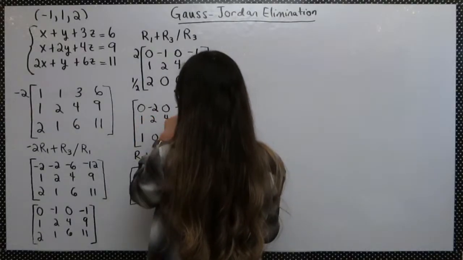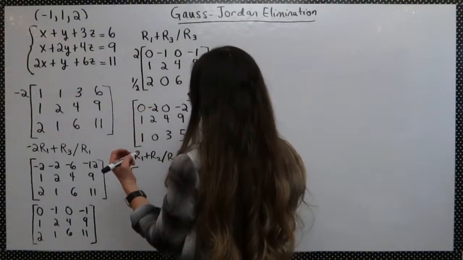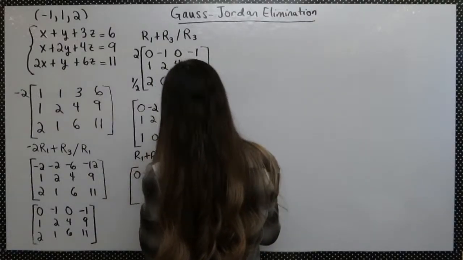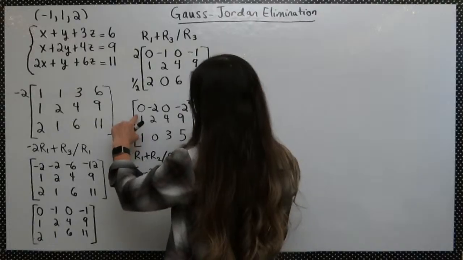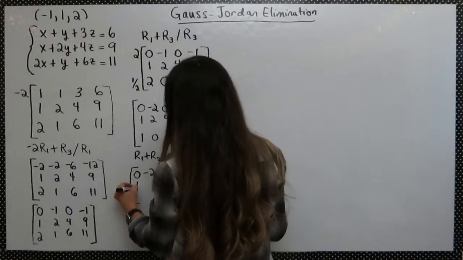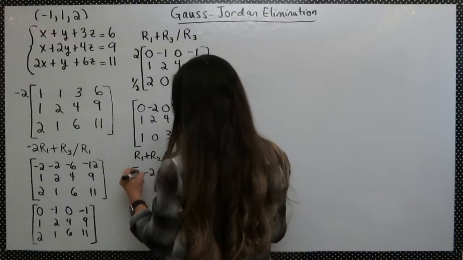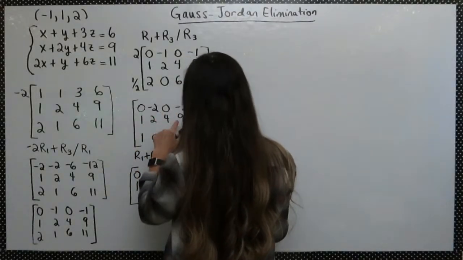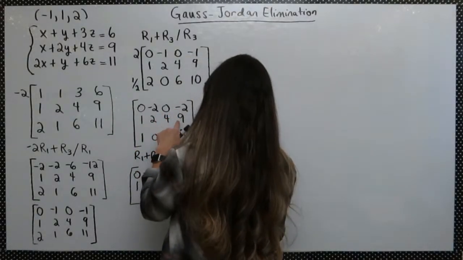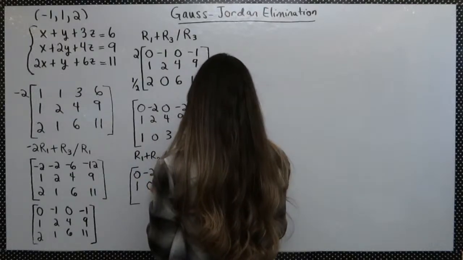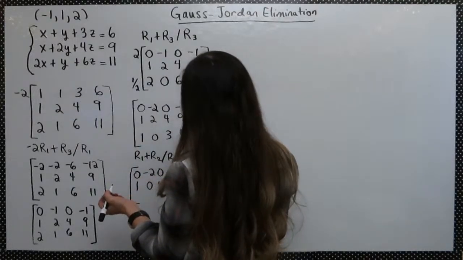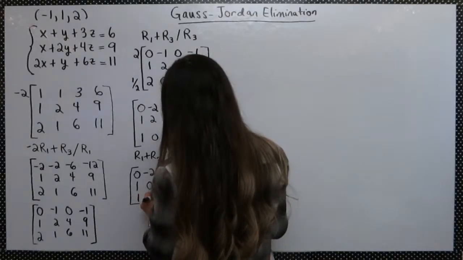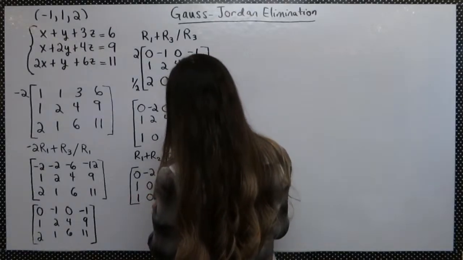So I'm going to go ahead and copy that one down. 0, -2, 0, -2. And then adding to row 2, we get 0 plus 1 is 1, -2 plus 2 is 0, 0 plus 4 is 4, and -2 plus 9 is 7. And we got 1, 0, 3, 5.